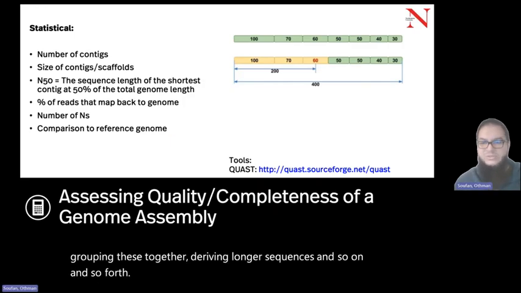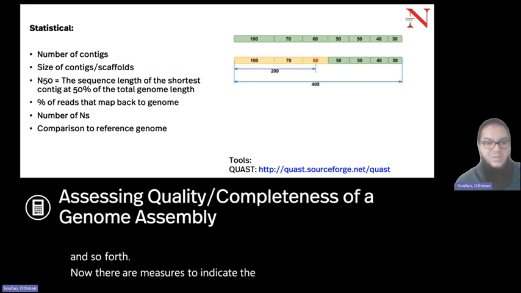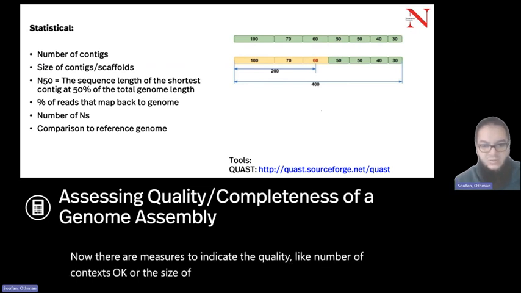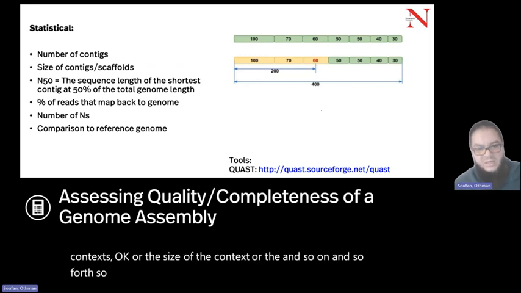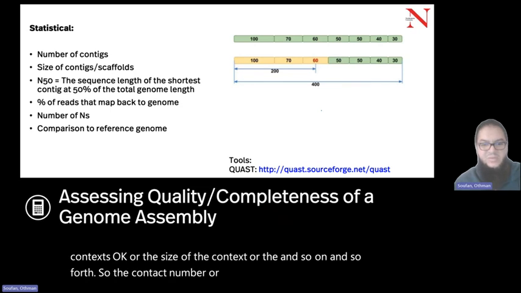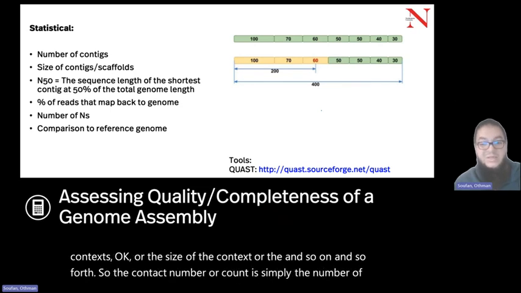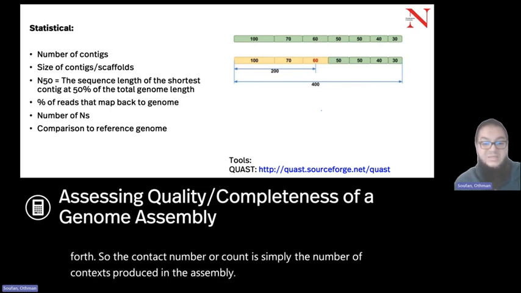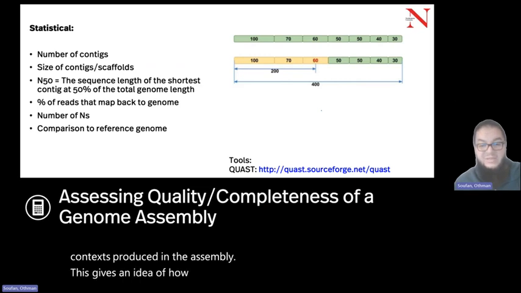Now, there are measures to indicate the quality, like the number of contigs, or the size of the contigs, and so on and so forth. So the contig number or count is simply the number of contigs produced in the assembly. This gives an idea of how fragmented the assembly might be.